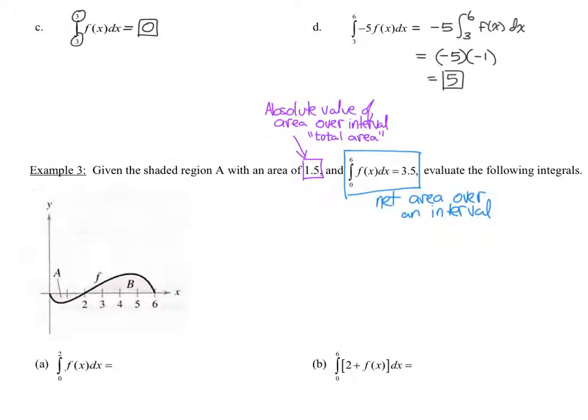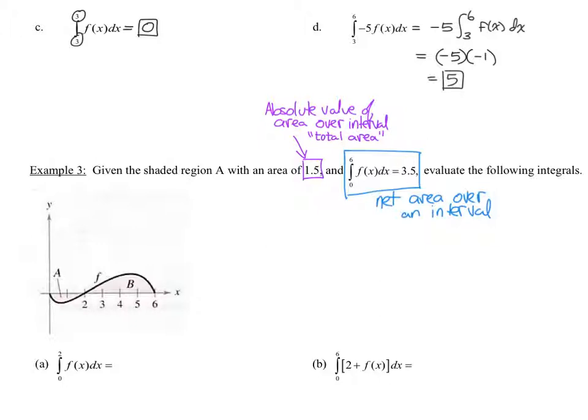All right, so basically if you're just disregarding the negative sign, then you're talking about a total area. If you're including a possibility of an area being negative, then that would fall into the category of being a net area. Right?